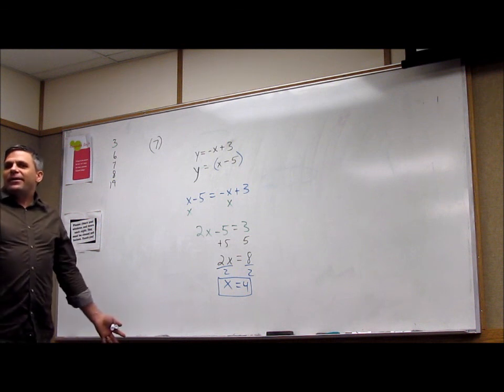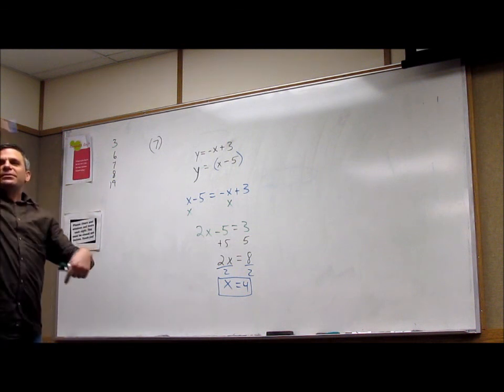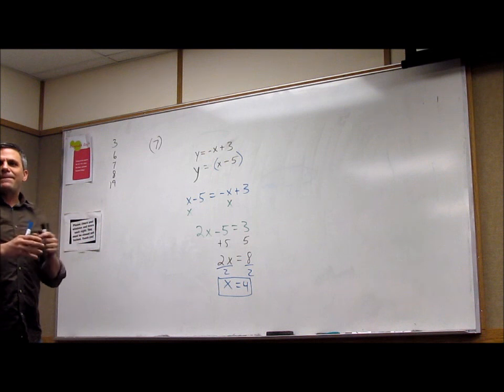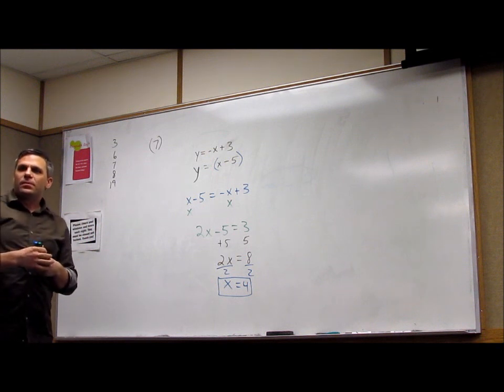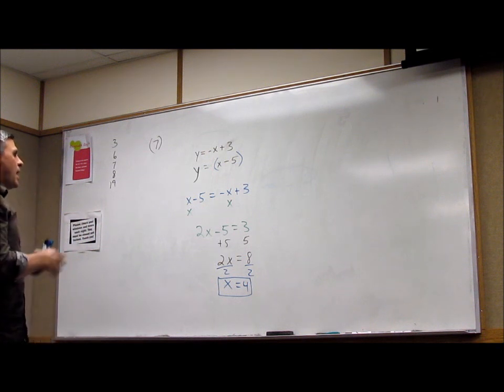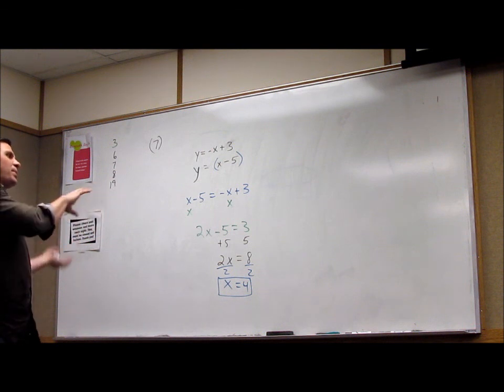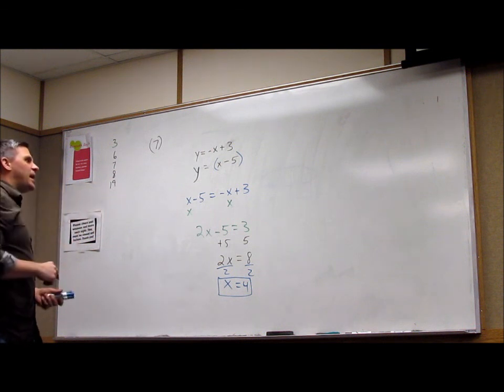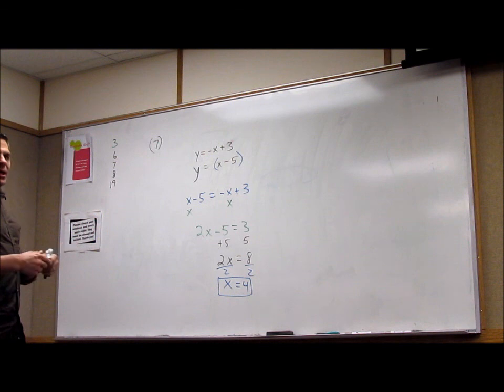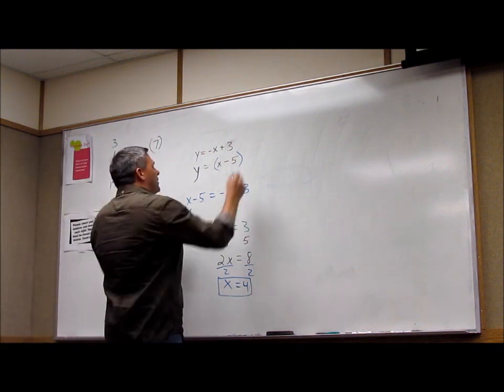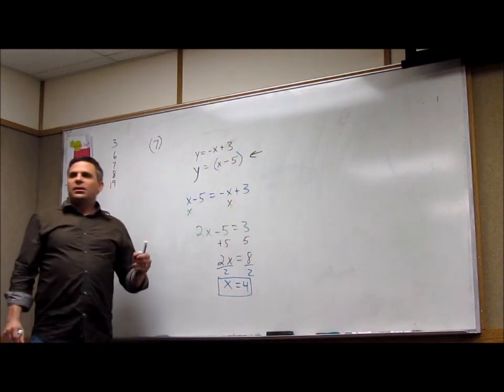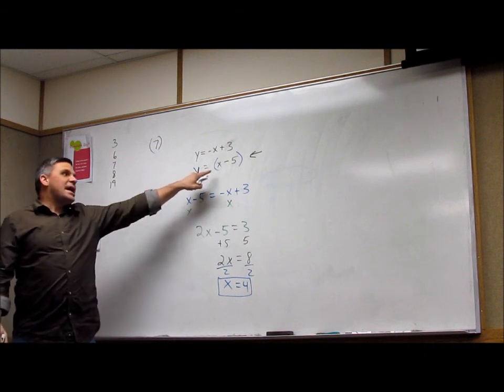That wasn't too bad. Instead of moving things all around, this actually wasn't that bad of a substitution problem. But that's only half the problem. I need to find y. So which one am I going to plug it into? I like this one. Y's alone, for one, and x is positive.